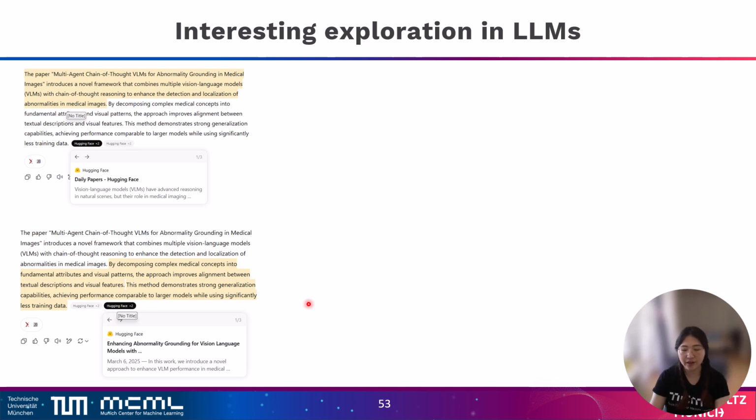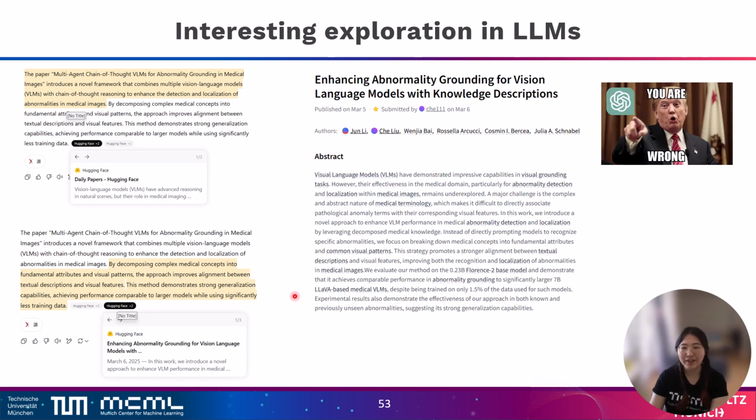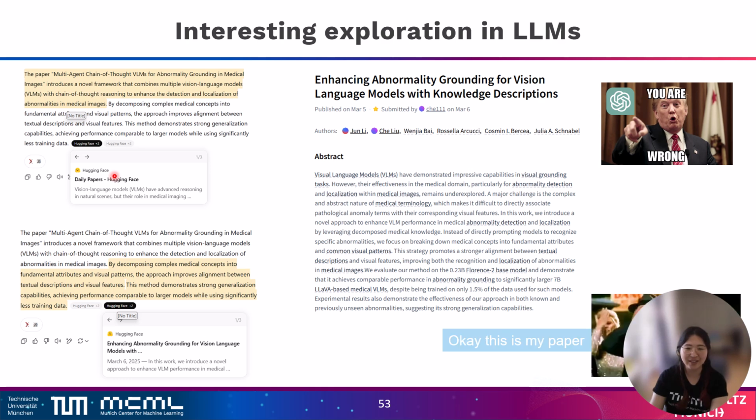When I click into the paper, we can find that the paper is actually about enhancing abnormal grounding for vision language models with knowledge description. It is totally different from the name I gave to the language model. And what is also interesting is that this paper is my paper.